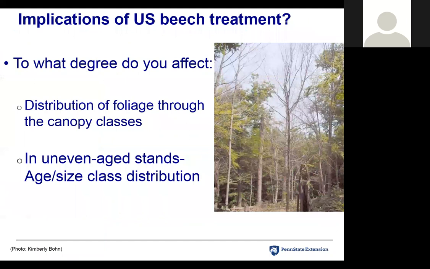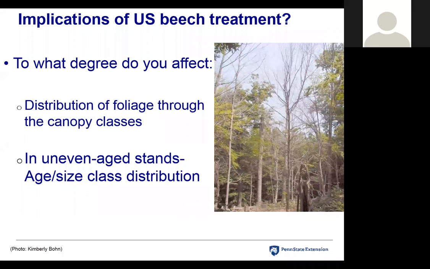Some other implications for understory beech treatment, particularly in areas that have been affected by beech for a long time, where there hasn't been much treatment, is that just like in the previous picture, when you remove that understory beech, and sometimes in these later stages almost mid-story beech, you're really shifting the distribution of foliage through the canopy classes.